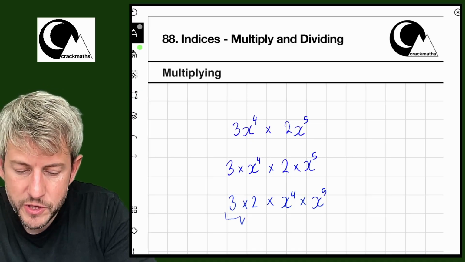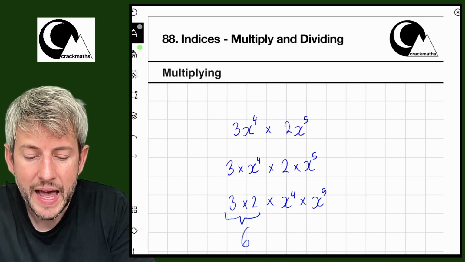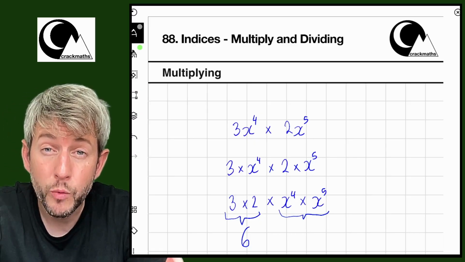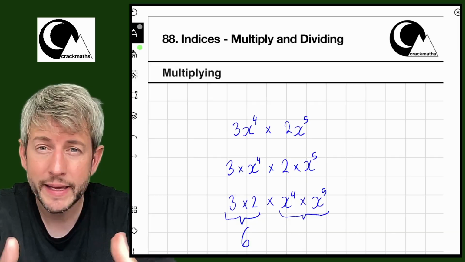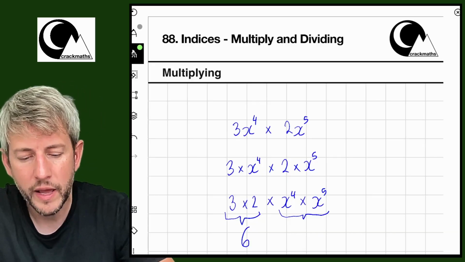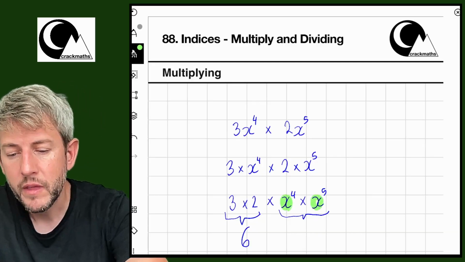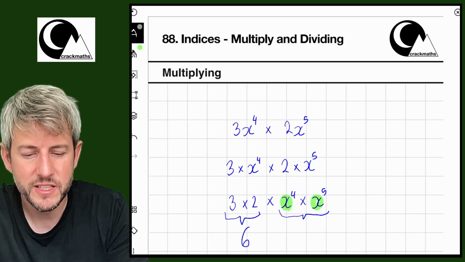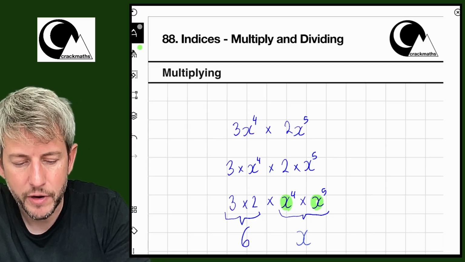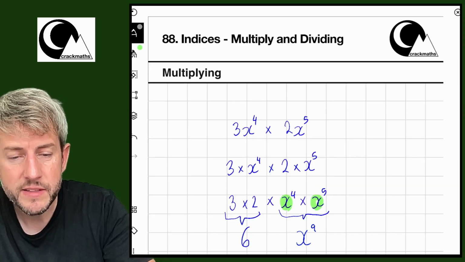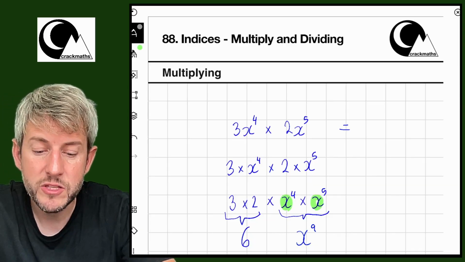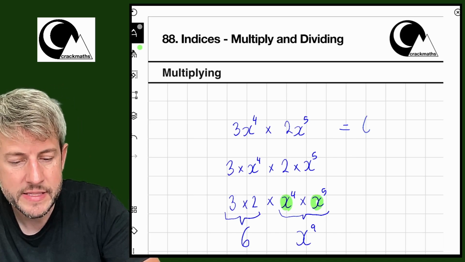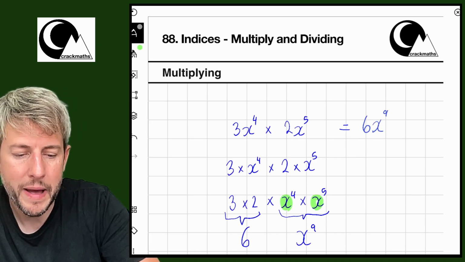Now 3 times 2 is going to be 6, and for x to the 4 times x to the 5, I can use that rule that when we're multiplying numbers with the same base, we can just add their indices together. So x to the power of 4 times x to the power of 5 is x to the power of 9. So this calculation, 3x to the power of 4 times 2x to the power of 5, ends up being 6x to the power of 9.